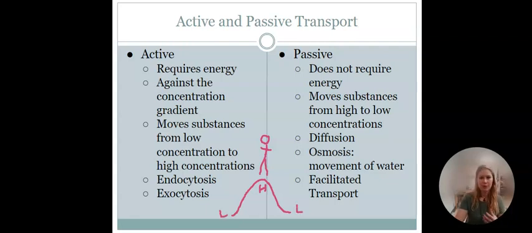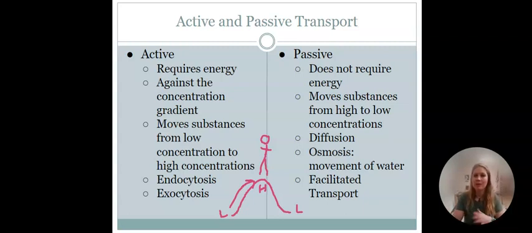If I am moving from low to high, essentially I'm moving against gravity. That's going to take a lot of energy. I have to bike up the hill. Half the time I can't even do it. I have to get off the bike and walk it up. So it takes energy to go against the concentration gradient or to go against gravity.